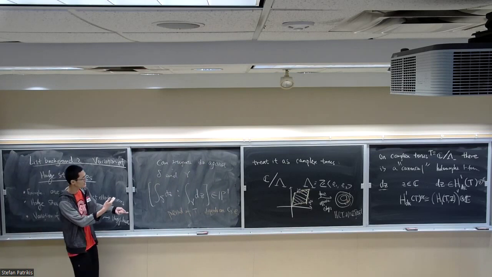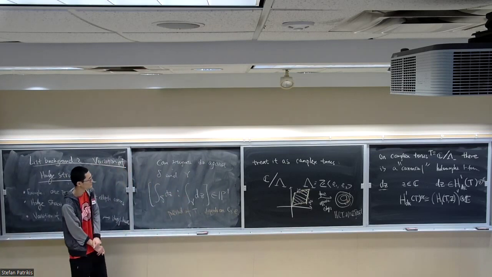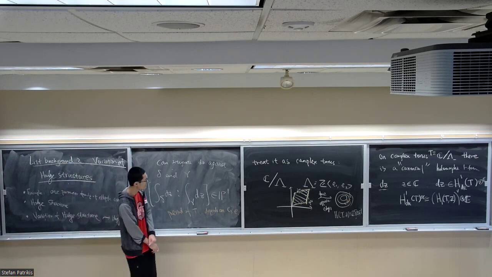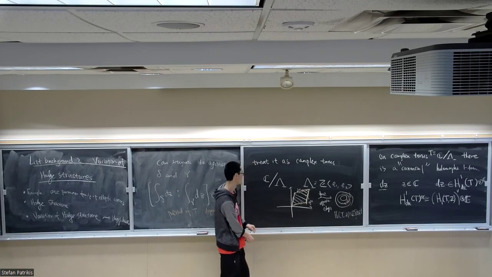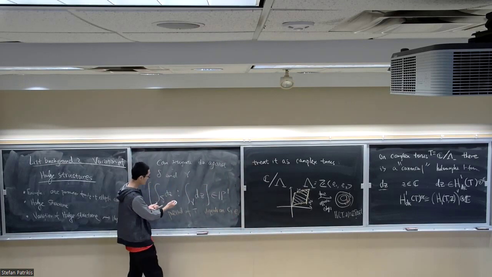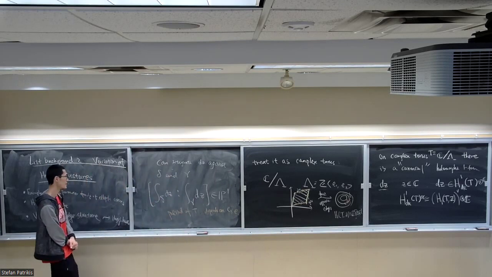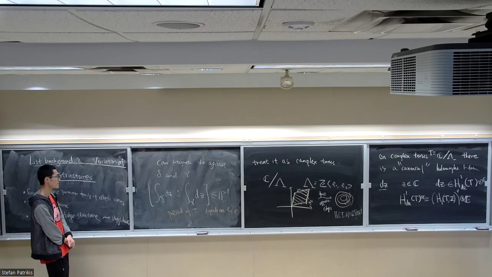So this is going to tell you that as a complex manifold, when you choose this E1 and E2, you actually get a pair of numbers, or just a point in T1, which could be different.